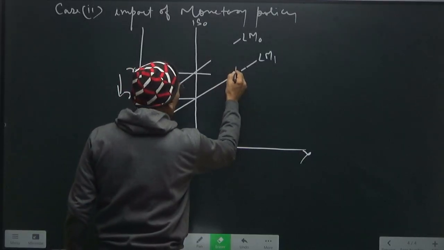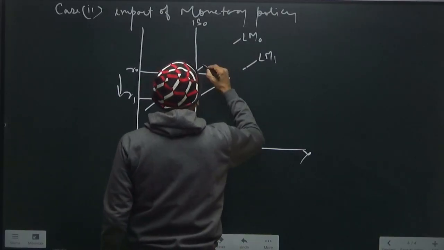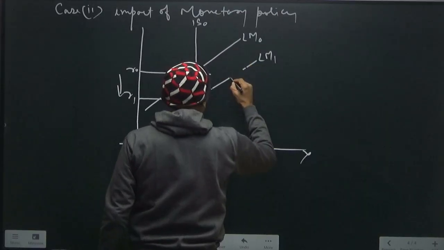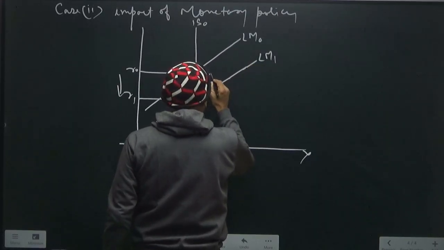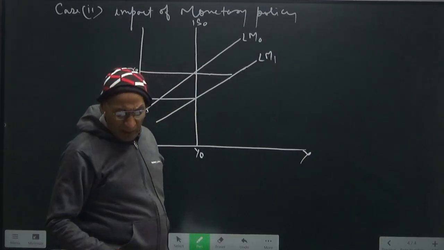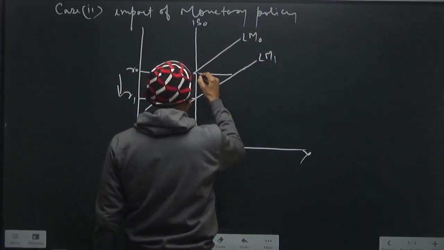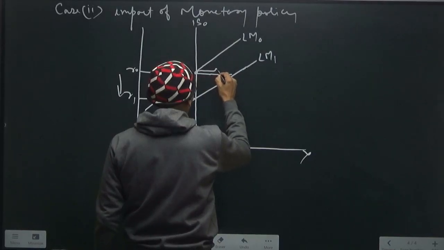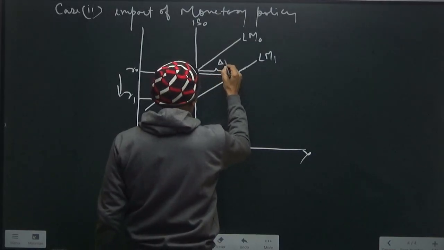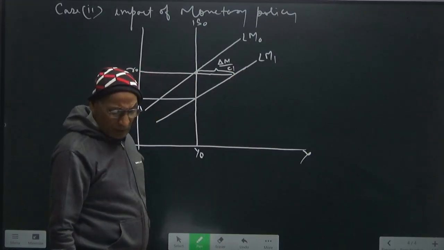Sorry, this will be like this. This will be equivalent to delta M by C1. Delta M by C1. Okay.